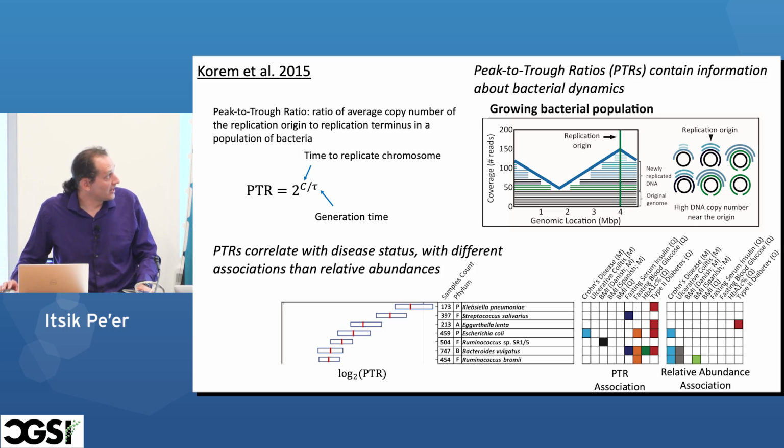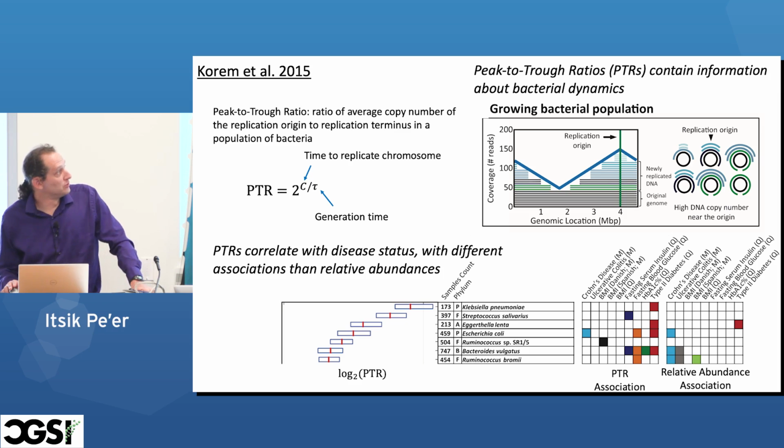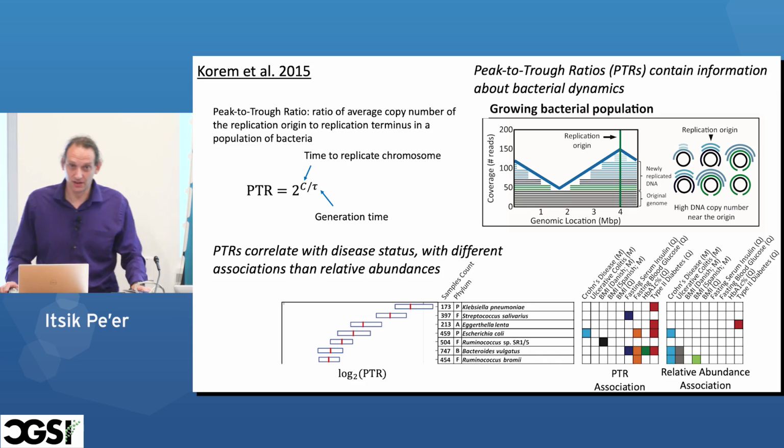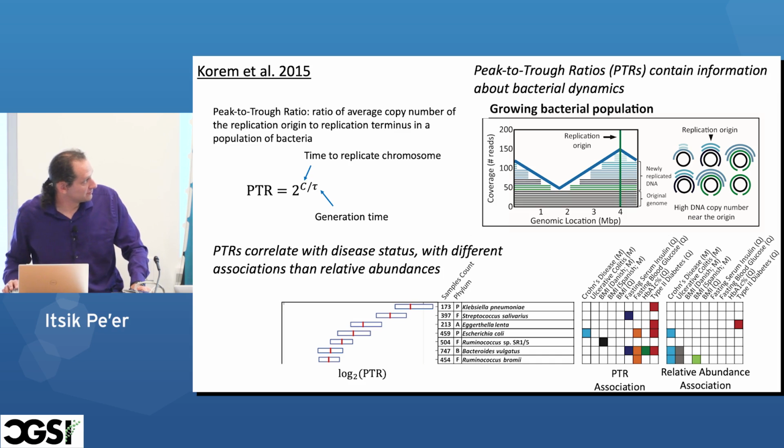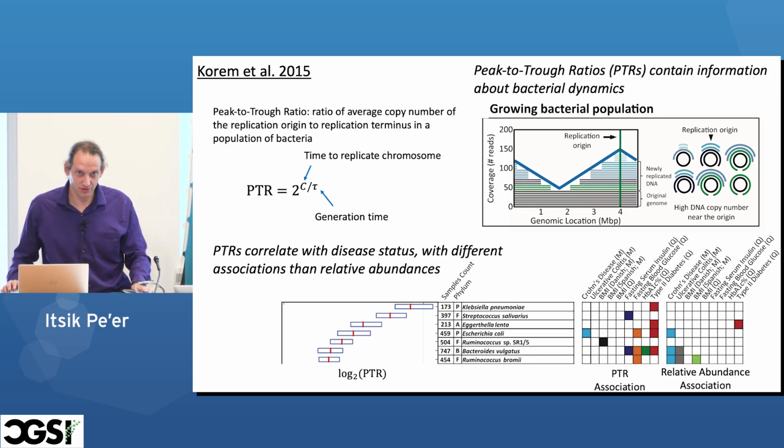If you align these reads to the genome, you should see a peak near the origin and a trough near the replication terminus. The bacterial genome is circular, so the end here connects to the beginning.